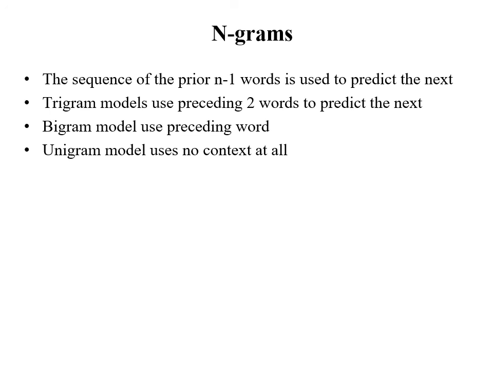On the basis of the n minus 1 words, we can predict the next word. The sequence of the prior n minus 1 words is used to predict the next. So a trigram model uses the preceding two words to predict the next, a bigram model uses the preceding word, and a unigram model uses no context at all.